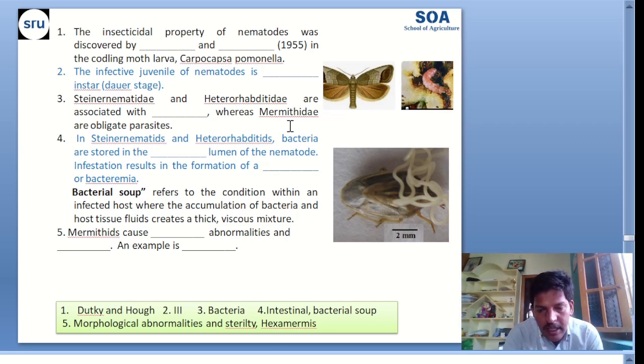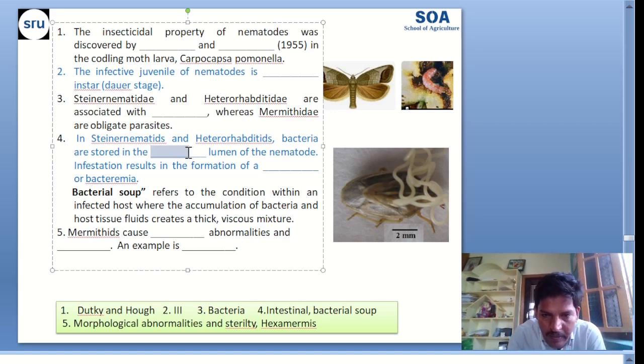They kill by themselves. In Steinernematids and heterorhabditids, bacteria are stored in the intestinal lumen of the nematode, and infestation results in the formation of bacterial soup or bacteremia.